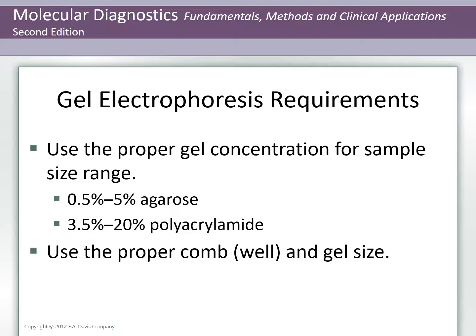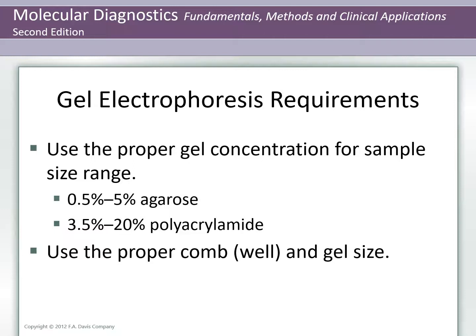Another important component of electrophoresis is the use of the proper gel concentration for the sample size range. Small pieces of DNA, those measuring 50 to 500 base pairs, are resolved on more concentrated agarose gels, for example, 2 to 3% agarose gel. The lower the agarose concentration, the larger the size of the DNA fragments that can be resolved.